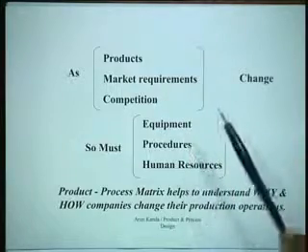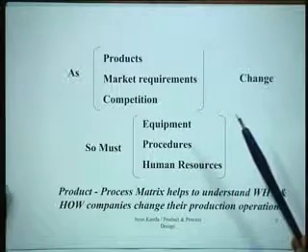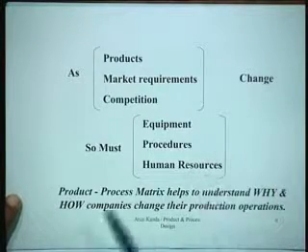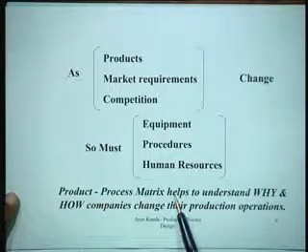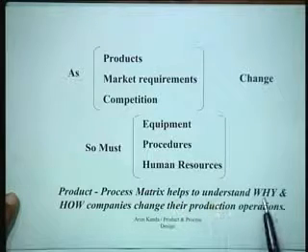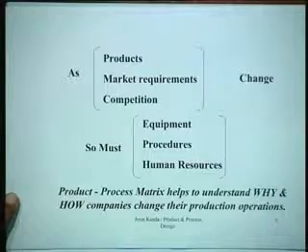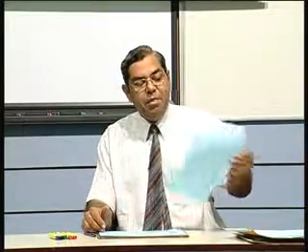This is a fact that emerges from the product process matrix, and the product process matrix helps primarily to understand why and how companies change their production operations as they grow. So there is an intimate link between product and processes, and as products mature, the processes that you adopt to make them also need to change.